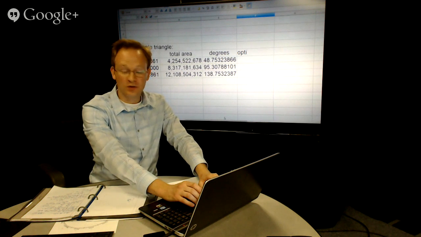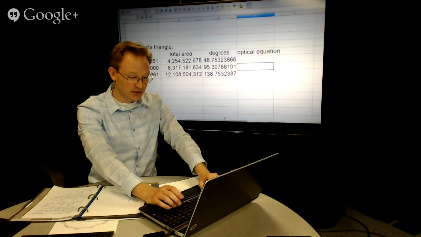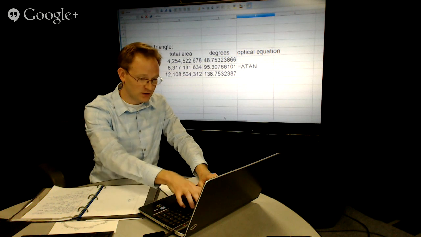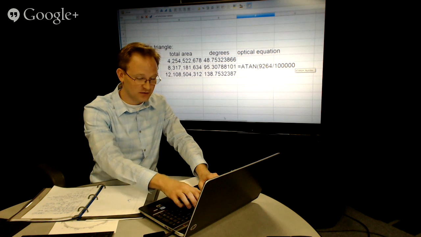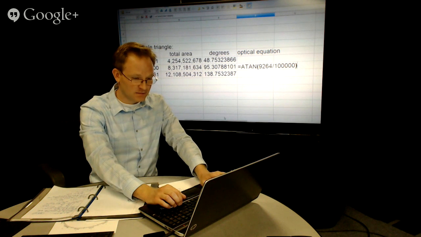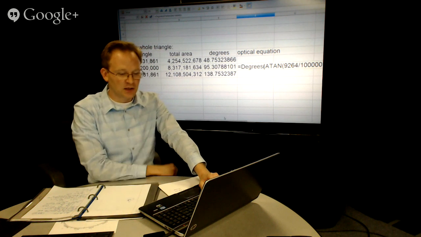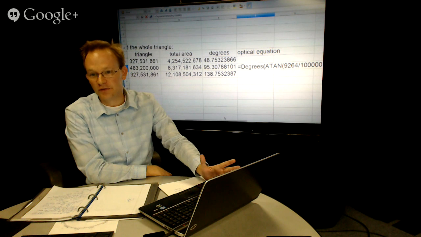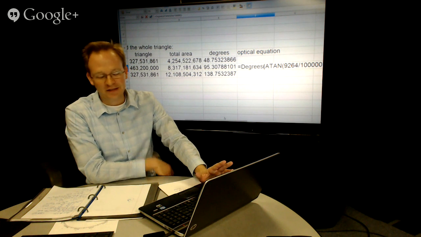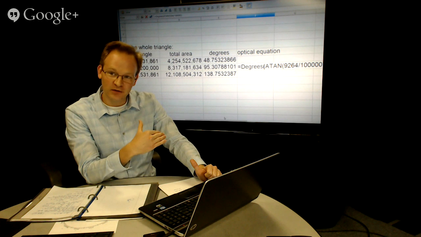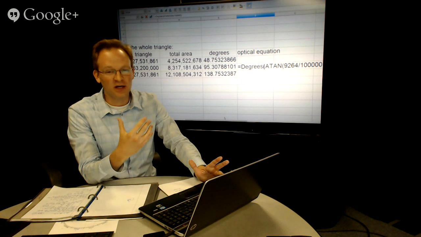That's called the optical equation. At 90 degrees, it was the inverse tangent of 9264 out of 100,000. Maybe Excel uses degrees, but at least LibreOffice Calc uses radians for angles, so if you're doing sines and cosines, things might not come out like you expect.